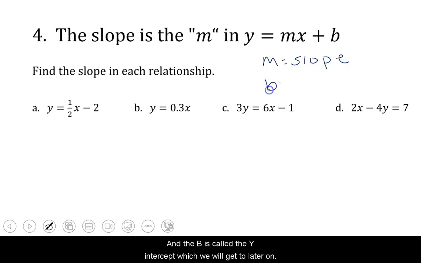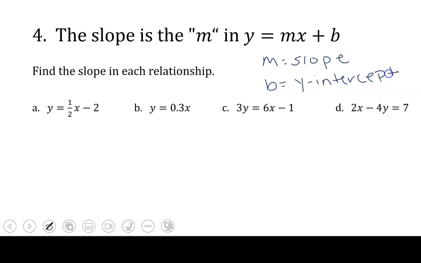And the b is called the y-intercept, which we will get to later on. So that is slope-intercept form. When y is by itself, the number in front of x is your slope.